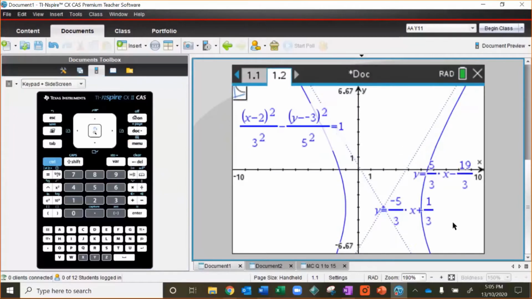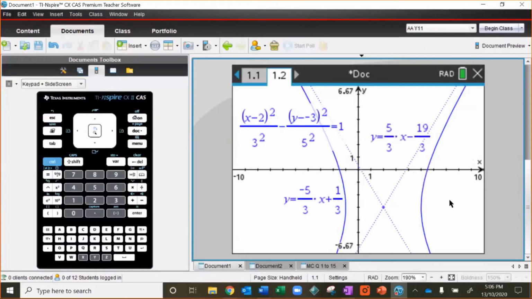So we touch on the hyperbola, and now if I escape from here, I can see this is minus 5 on 3 x plus 1/3, and this one is 5 on 3 x minus 19 on 3, which is the answer D on our handout.